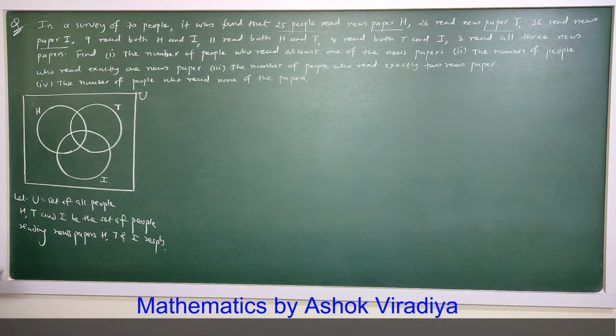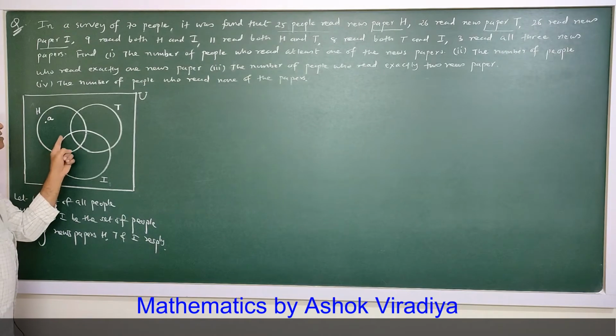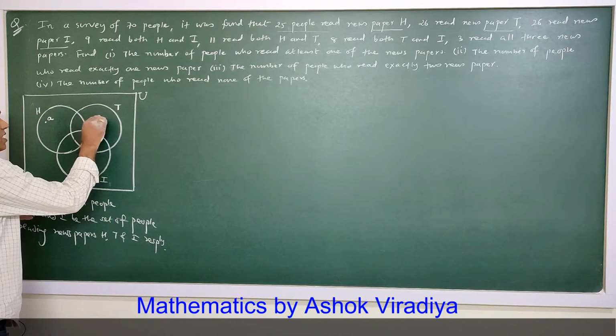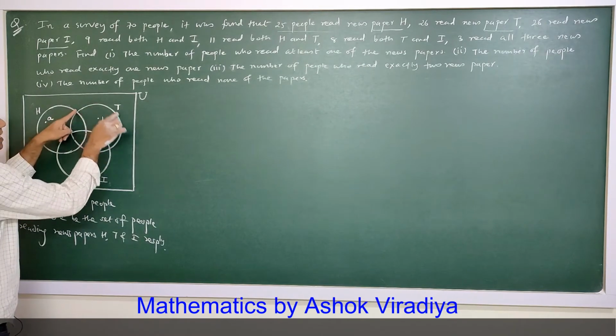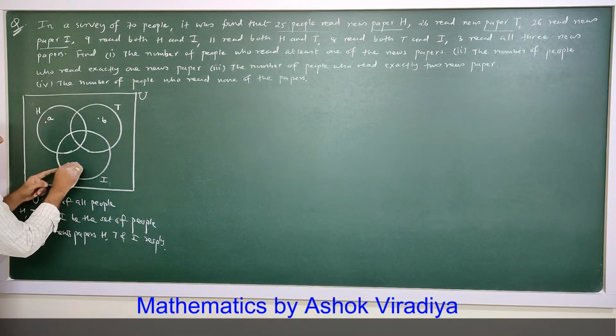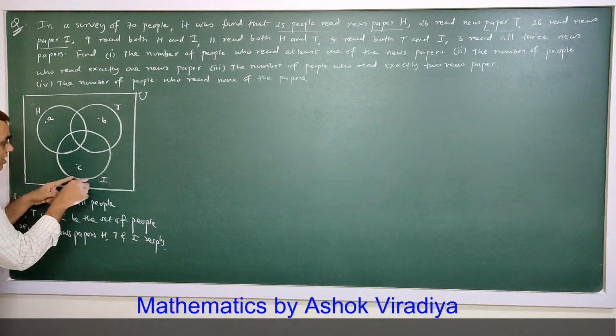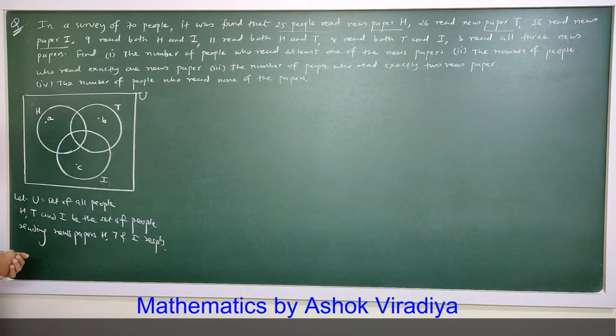Now we suppose numbers. Suppose this region contains A elements. A is the number of people reading only newspaper H. B is the number of people reading only T. This is only I. Only one newspaper means this region. In this region there are C people.